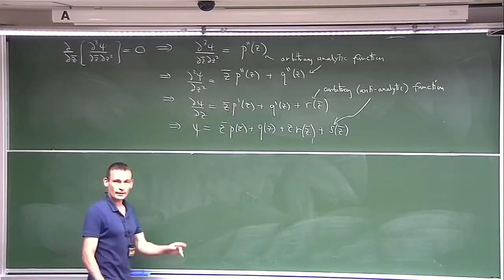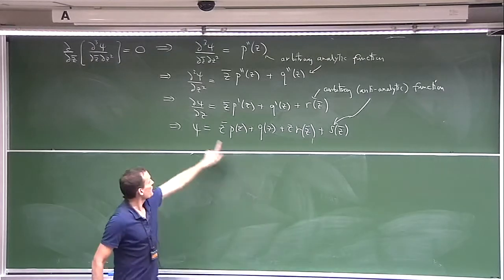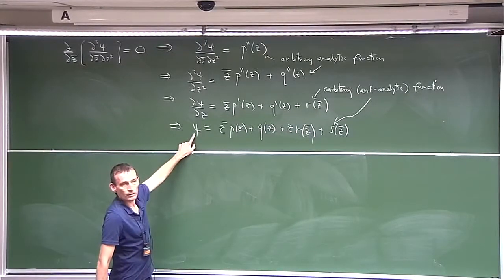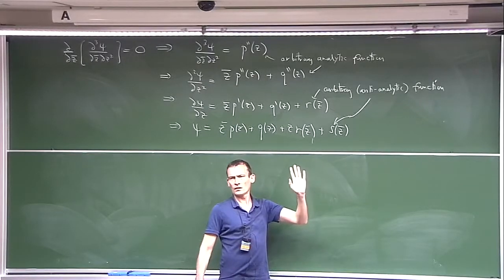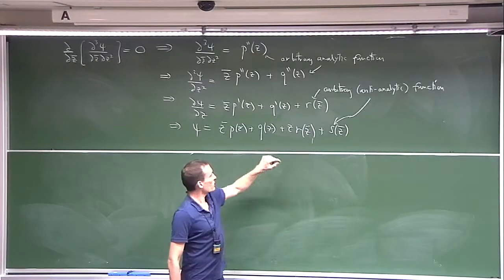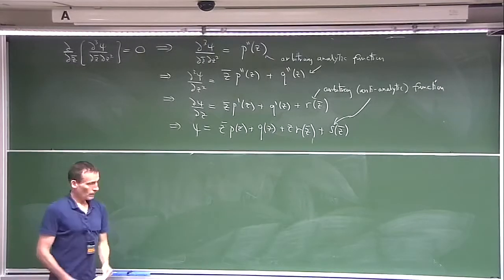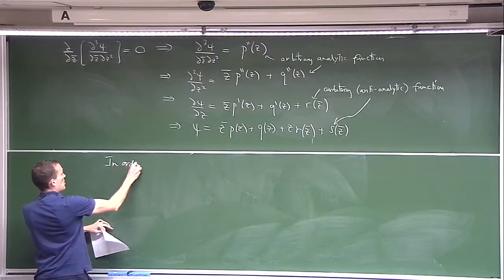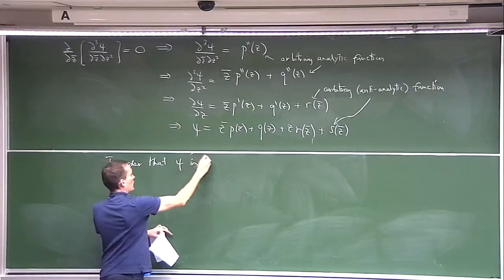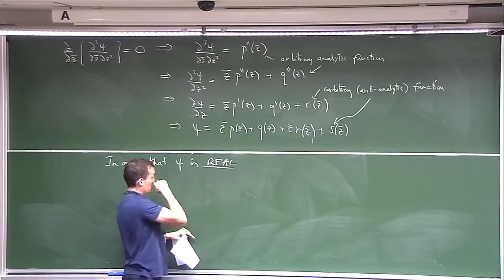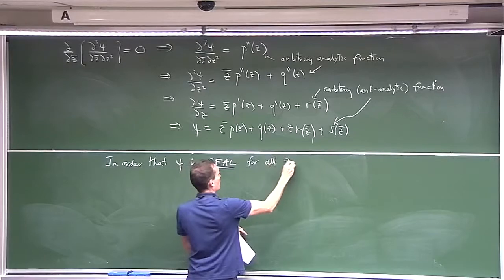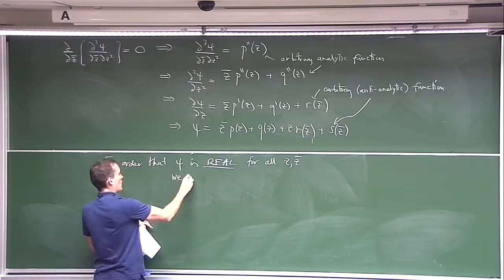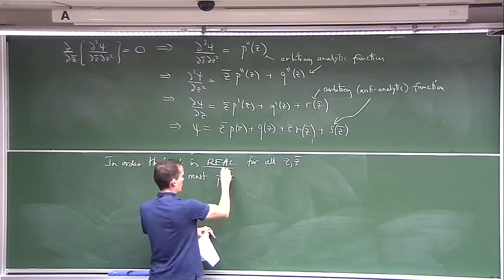But, just like Tuesday, I need this to be real for all z and z bar. So it looks like I've got 2 analytic and 2 anti-analytic functions here. But in fact, R and S have to be related to P and Q. So real for all z and z bar, we must pick the following.